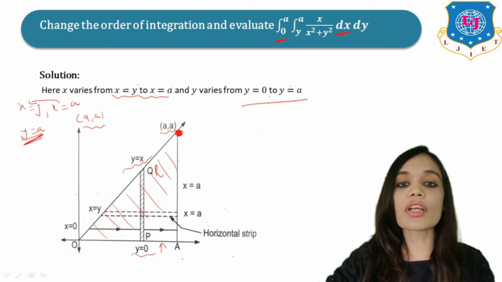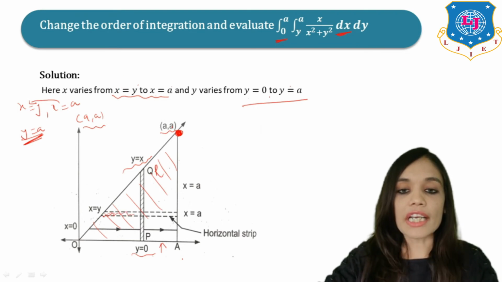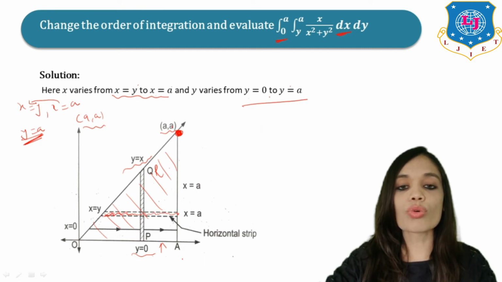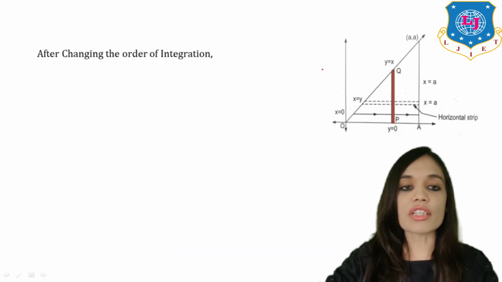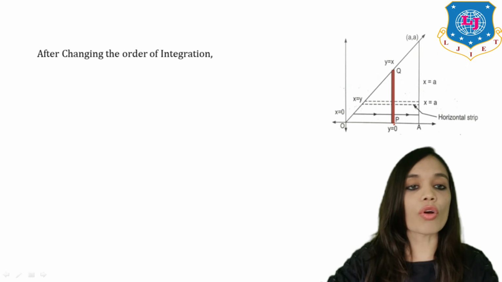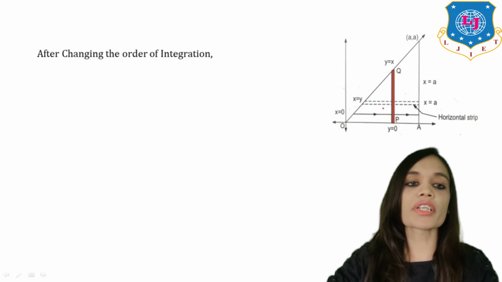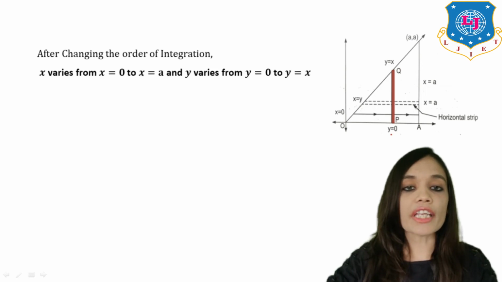Okay, and we are given our horizontal strip, that is from x is equal to y to x is equal to a. Okay, so now we will change the order of integration by moving this horizontal strip to a vertical strip, right? So on changing the order of integration and drawing our vertical strip PQ, our new limits will be y will vary from 0 to x.